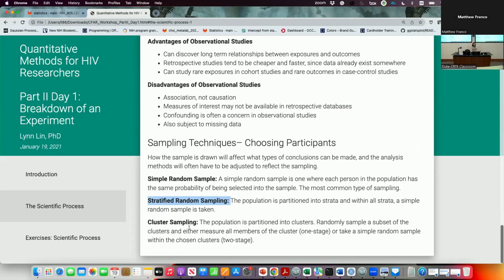The stratified random sample is that for each group, I subsample a subset of the people from each group. But cluster sampling is that, given the groups, I randomly select several groups, and then everyone belonging to those selected groups will become my sample. Okay. Can you think about different scenarios where one is preferred over the other?